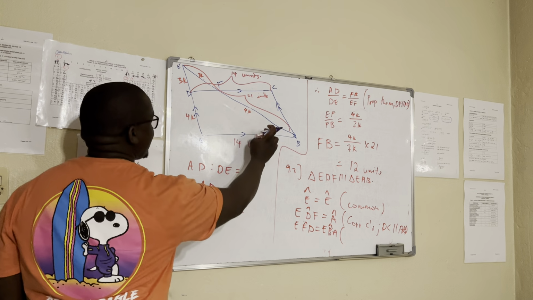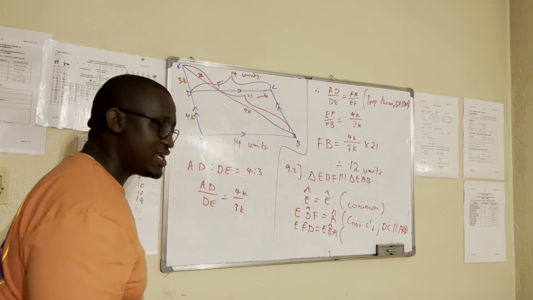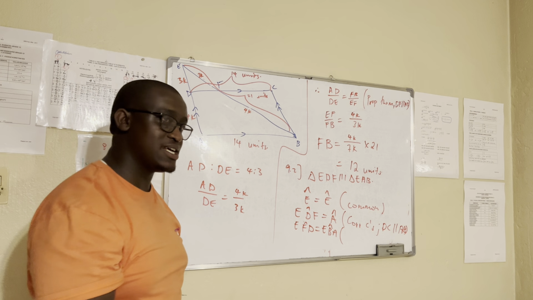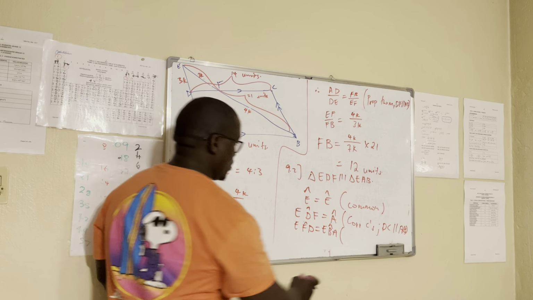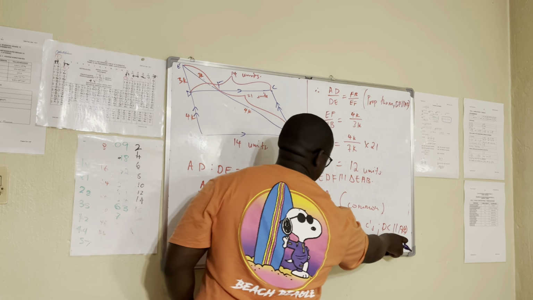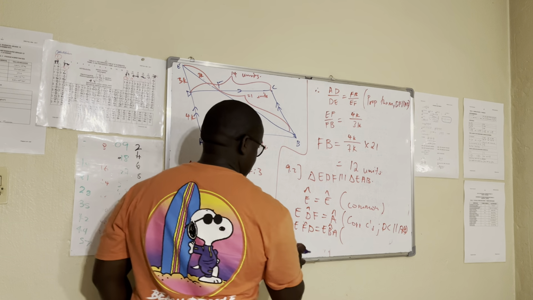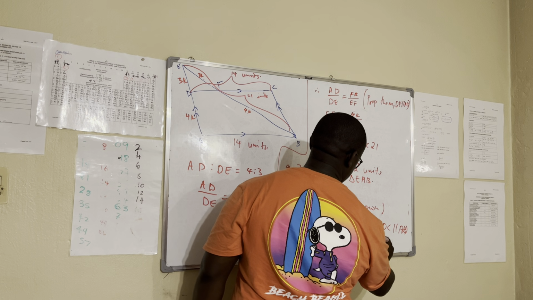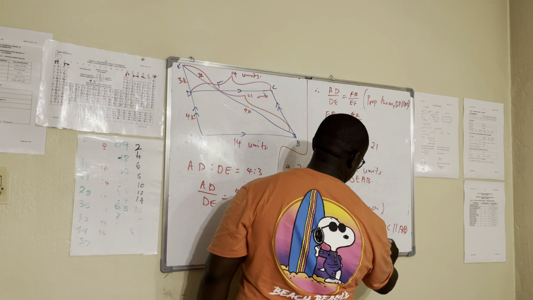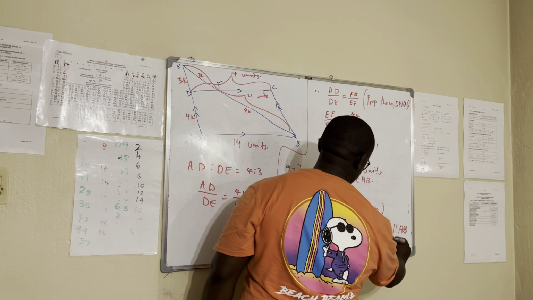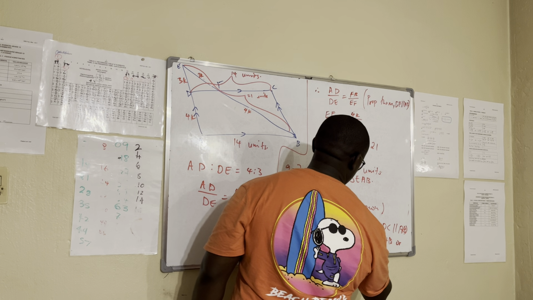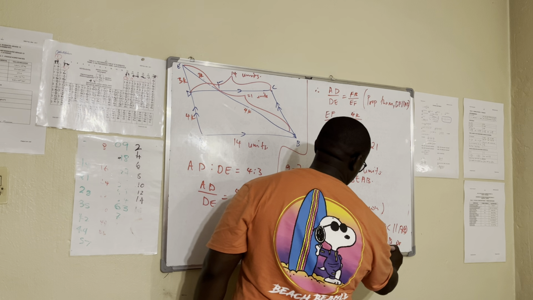The reason can be corresponding angles, because DC is parallel to AB, or the sum of angles of a triangle.